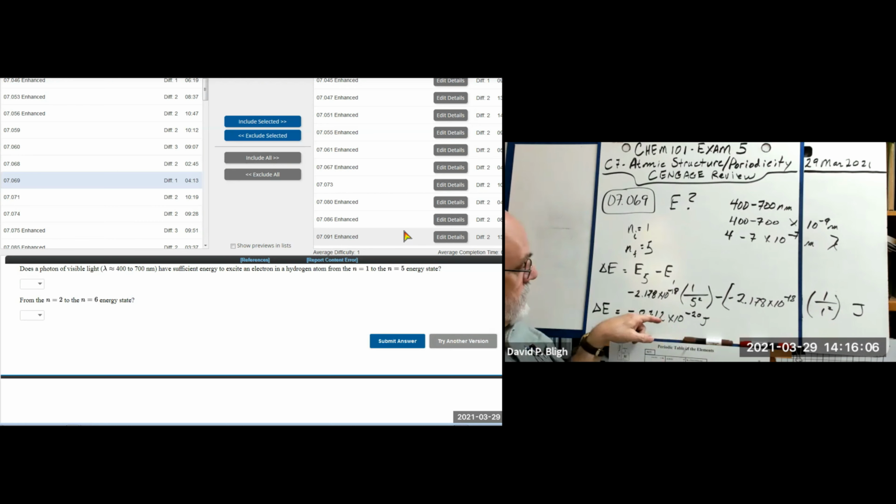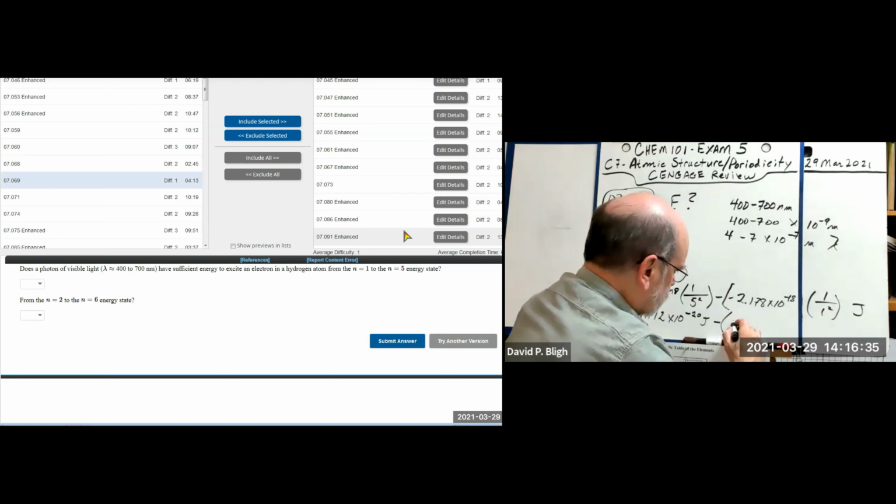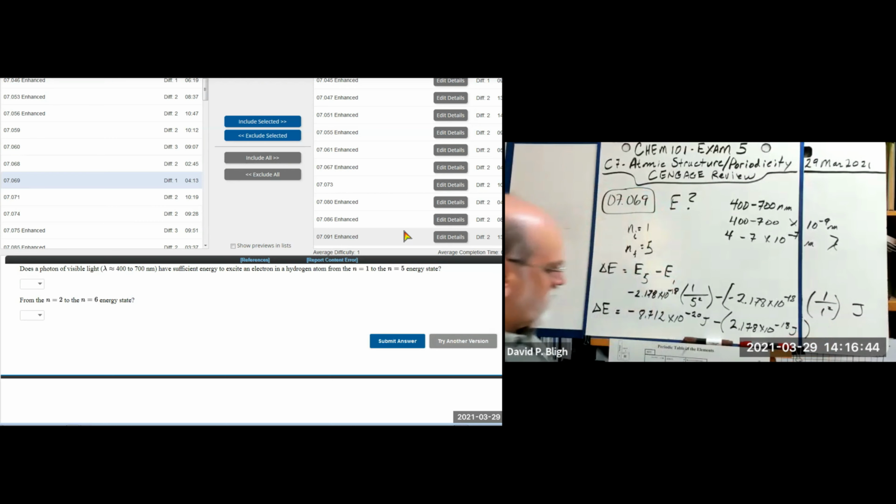So that's the energy for the electron when it rises to the 5th energy level. What is it before it rises? That's what this term is. Oh, that's times 1, duh. There we go.